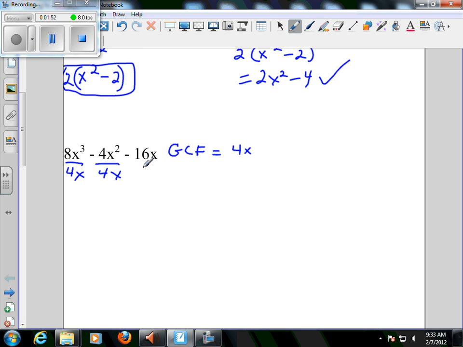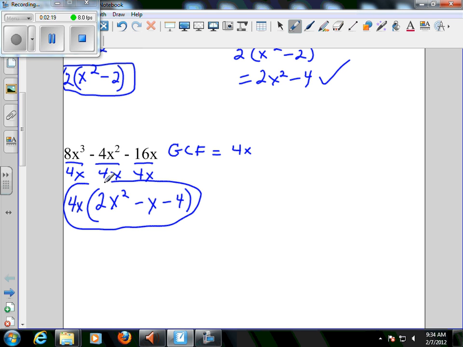So we're going to divide every term by 4x. And when we do that, we're going to end up with 2x squared minus x minus 4. And we will put the greatest common factor in front. And so here is our factored form.